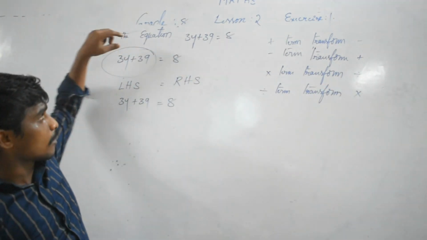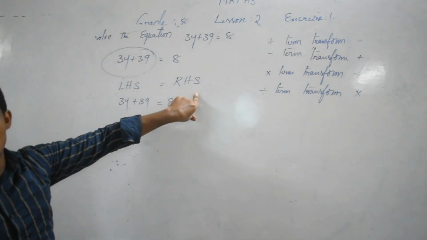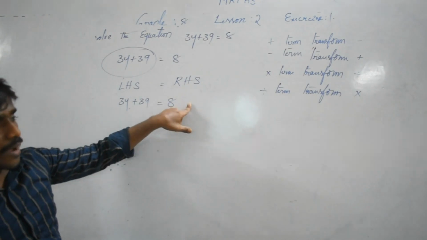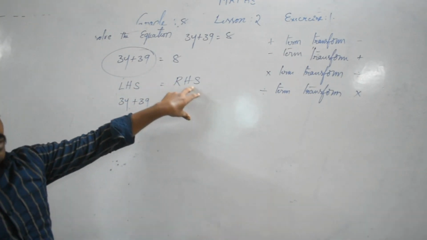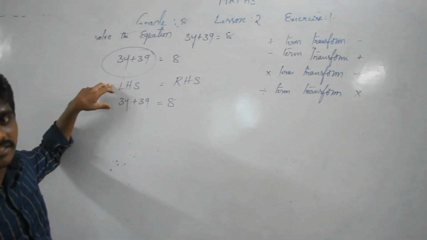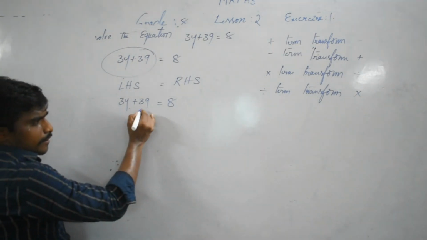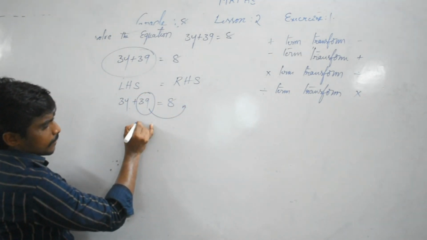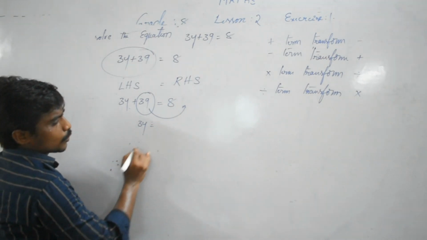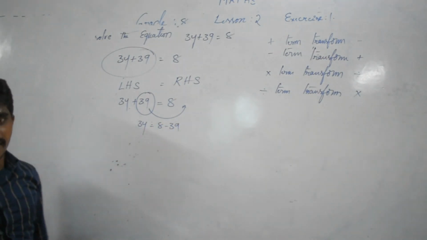So here the plus term on the LHS transforms into the RHS, and it becomes a minus term; a minus term on the RHS transforming to the LHS becomes a plus term. So now this plus term moves to the RHS: 3y is equal to 80 minus 39.